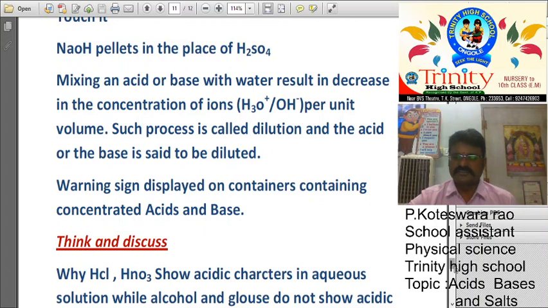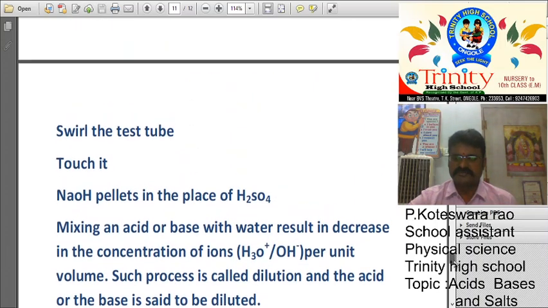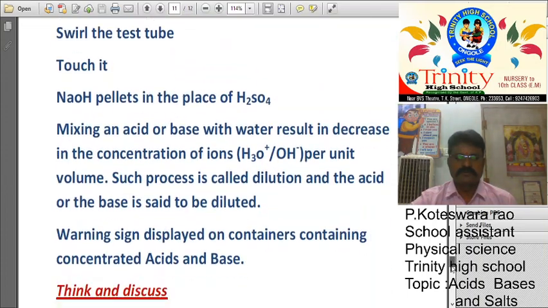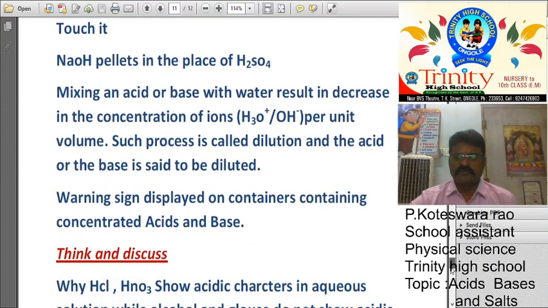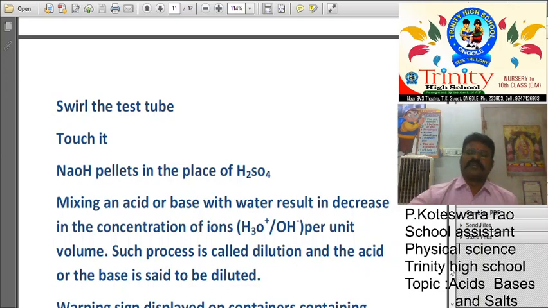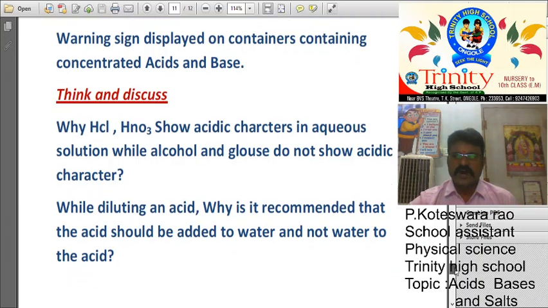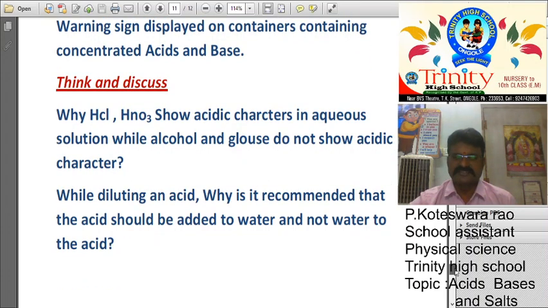It is a warning sign displayed on containers containing concentrated solutions. This is the diagram. So finally, what did we decide? Is acid or base added to water correct, or water added to acid or base correct?